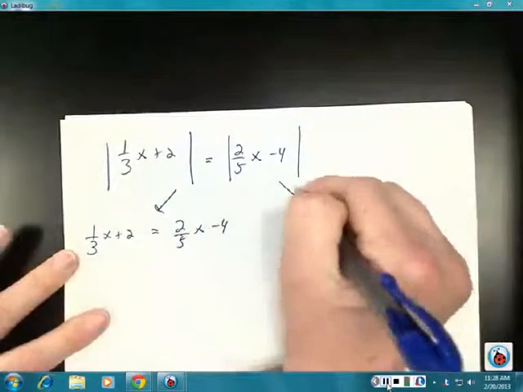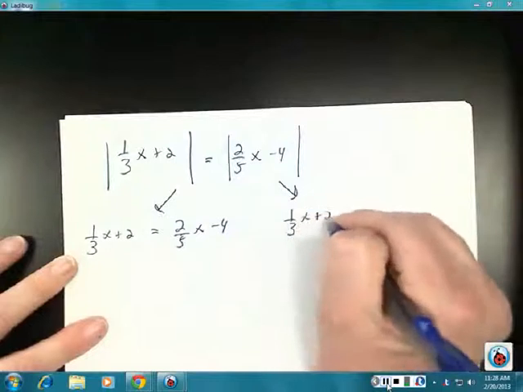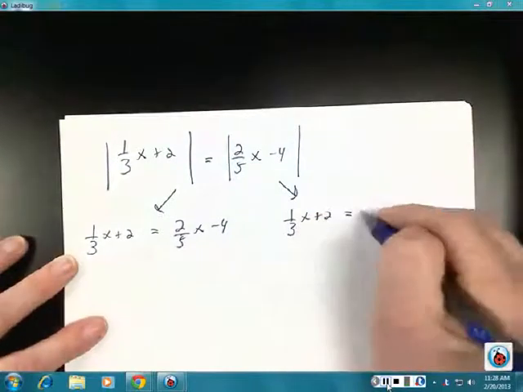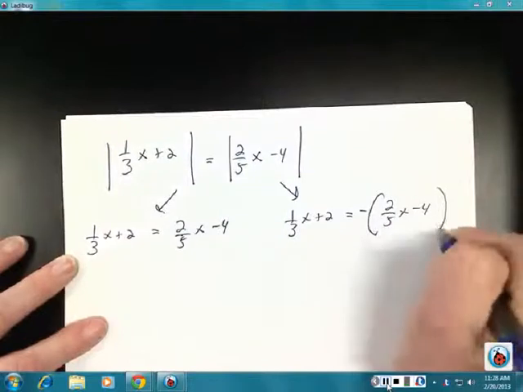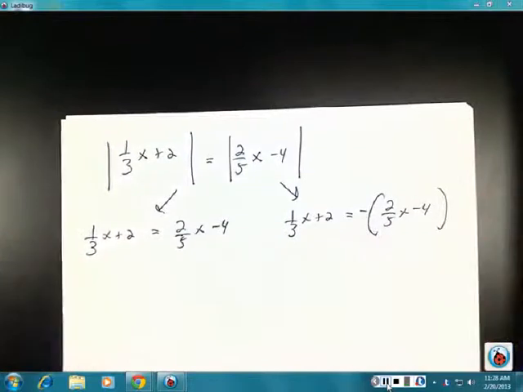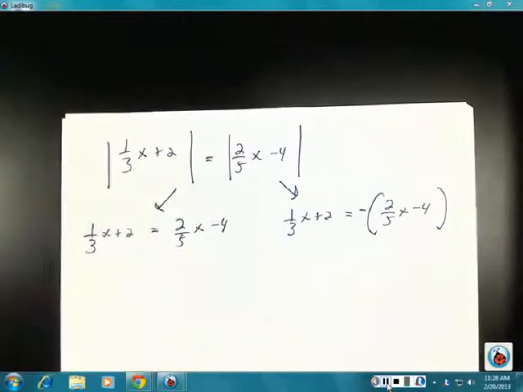Second route, leave the first alone. Change the sign on the second one. Because again, I have to do the opposite, because outside of this absolute could be positive or it could be negative.